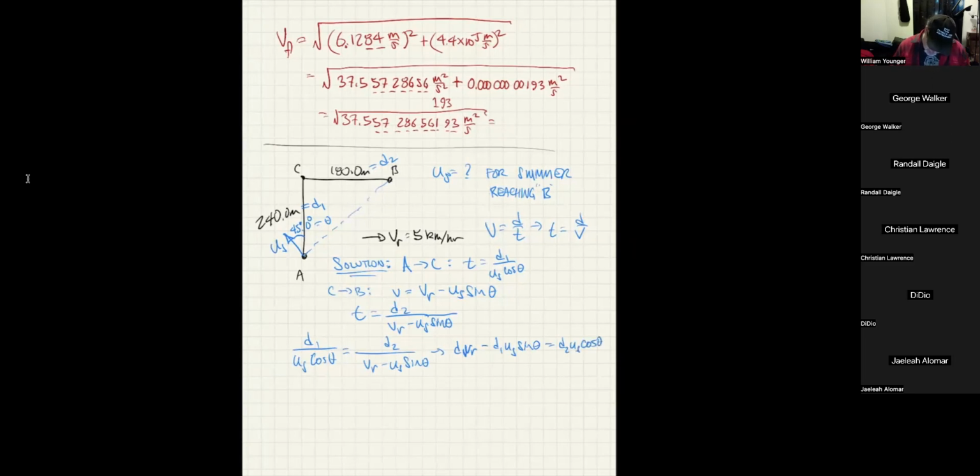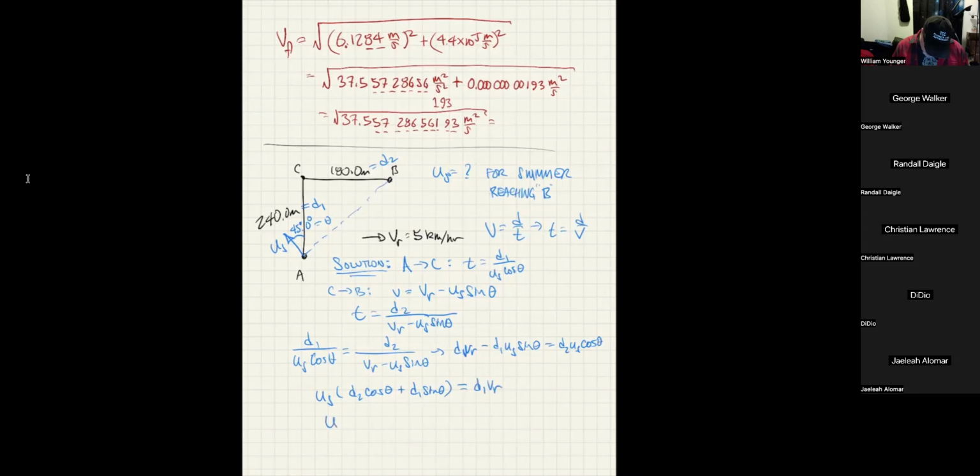Now we can get the U sub S terms together, and I can say U sub S times D2 cosine theta plus D1 sine theta is equal to D1 VR.